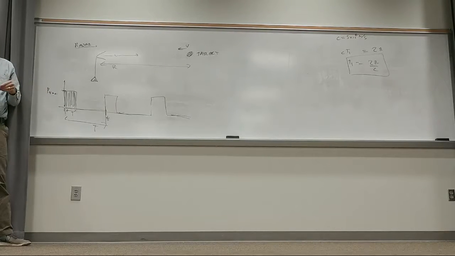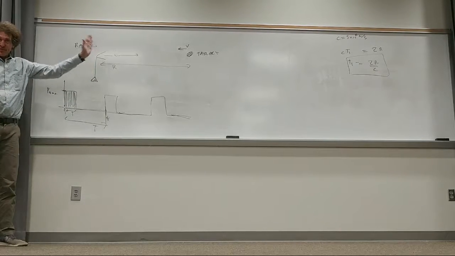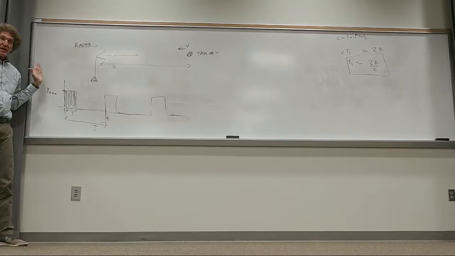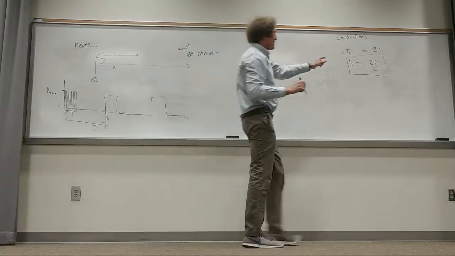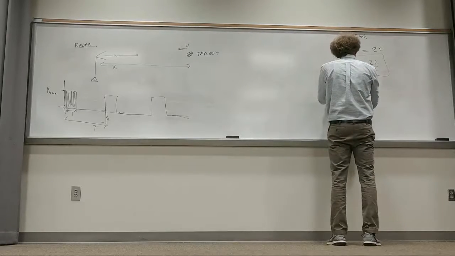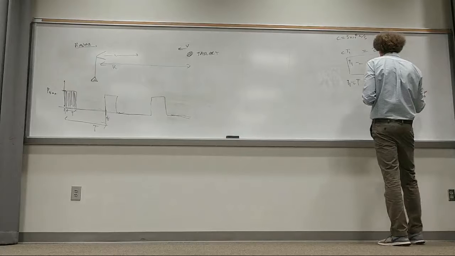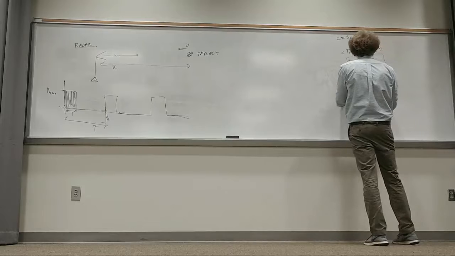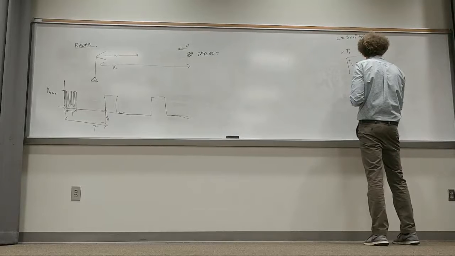So there's a thing called the maximum non-ambiguous range, and I'll tell you how we actually account for anything out further than that later. But for now, just understand, the furthest range that we can actually detect that's non-ambiguous is going to be the point where t1 is equal to T, the period, and that's equal to simply 2R over c. So the maximum non-ambiguous range would be equal to c times the period T divided by 2.